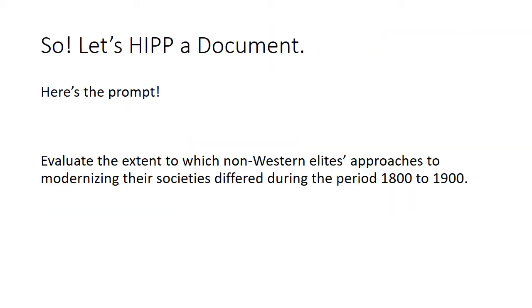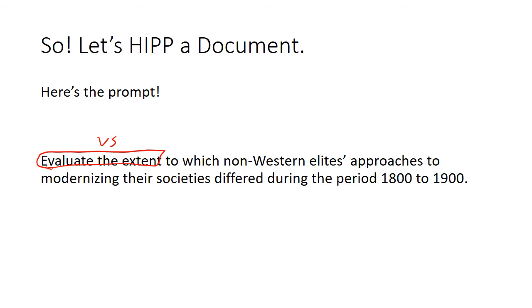So let's HIPP a document, and before we do that, we've got to understand what the question is. I've already done this with the thesis statement tutorial video I created, but I'll do it again real quick here. Evaluate the extent means immediately my brain starts to think of some sort of us versus them, apples versus oranges, trucks versus cars, boys versus girls, something.